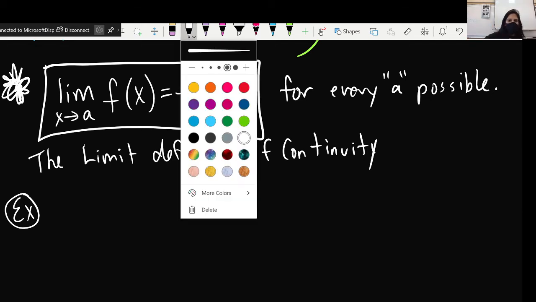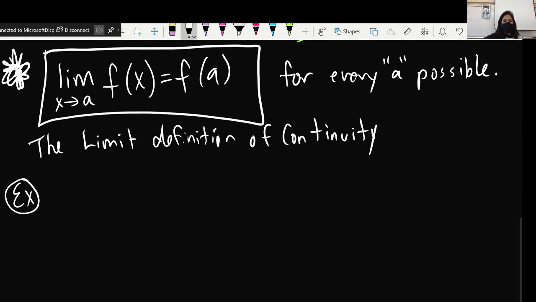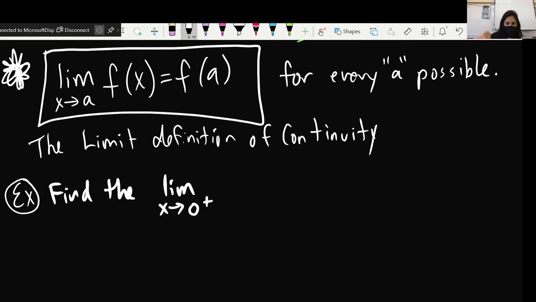Next example. Find the limit as x approaches 0 from the positive side for root x.